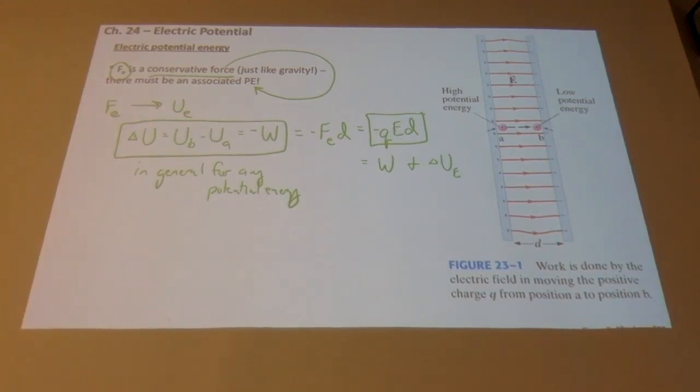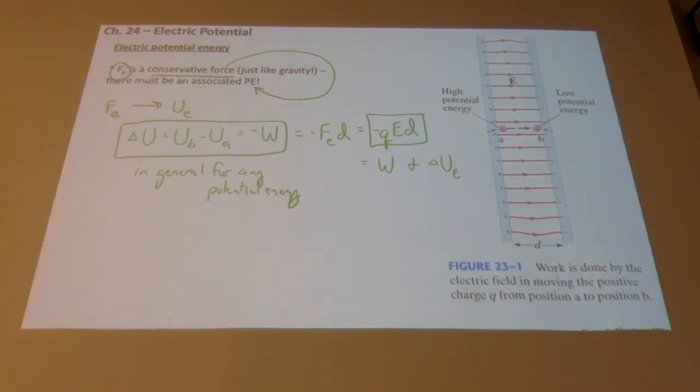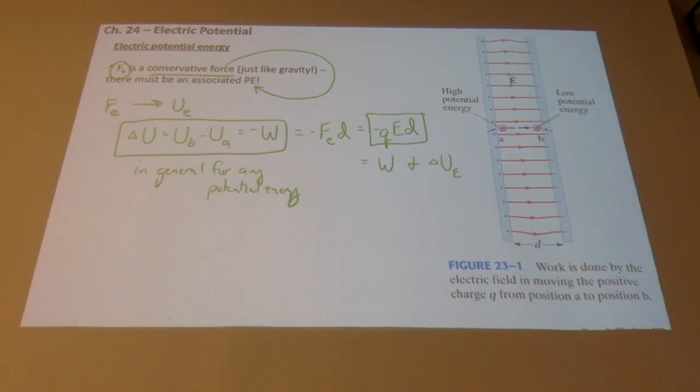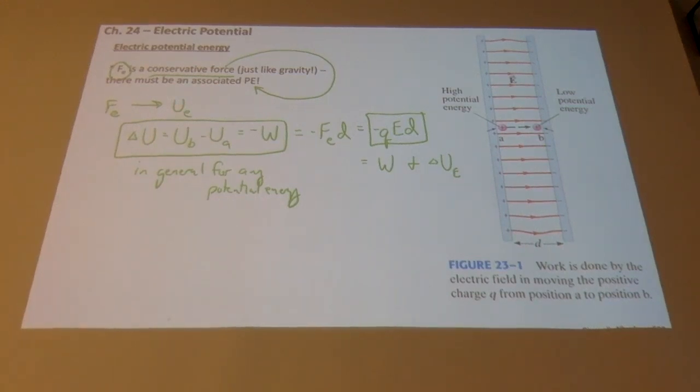So what do we mean by electric potential energy? In a way, it's not all that different from gravity. If I take a mass and put it in some gravity, right now it has gravitational potential energy because it's feeling the force of gravity and it could fall.